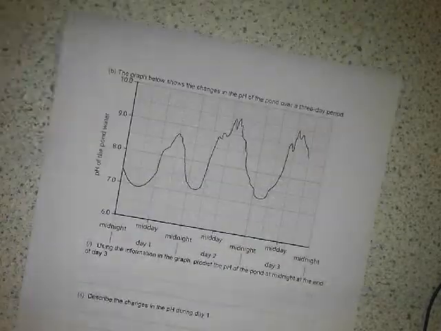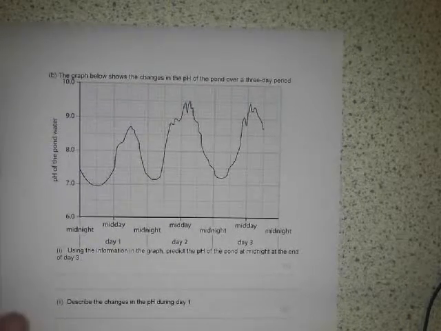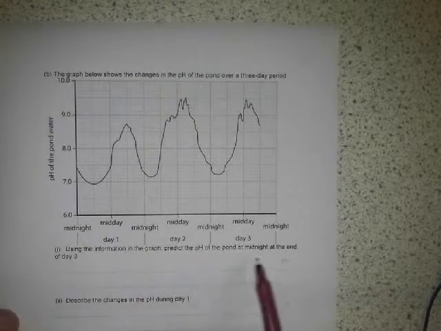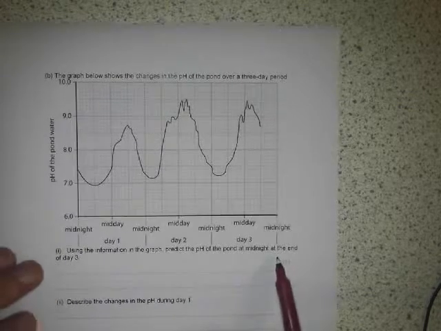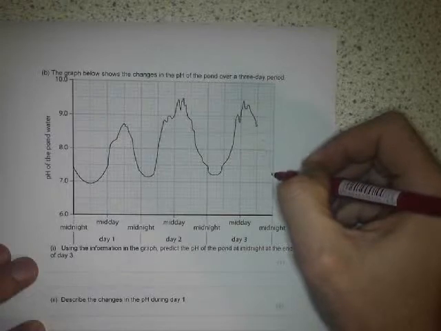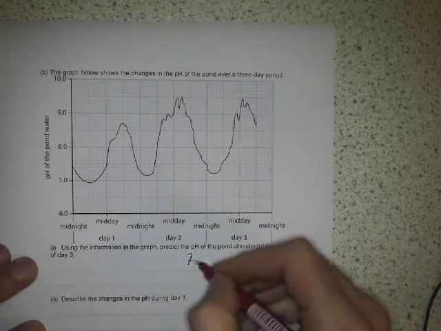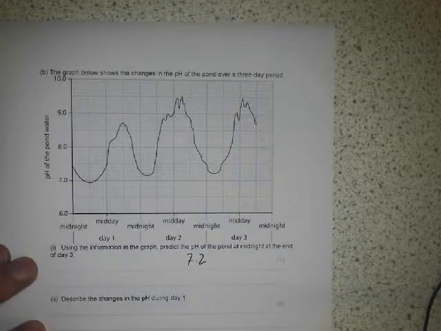And lastly, a trickier graph, but the same approach again. At the end of day 3, we're going to predict it's going to come down to around about here. So that's going to be about 7.2 pH. I'm not too concerned about that answer at the moment. I'm just looking at describing data.